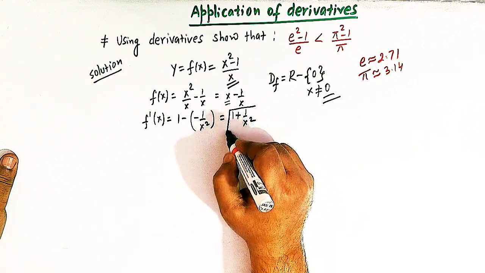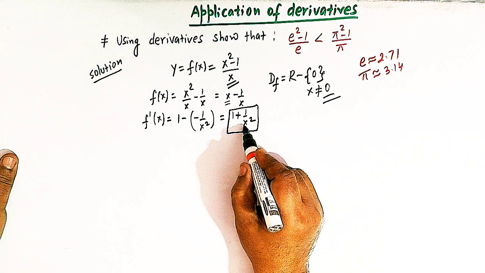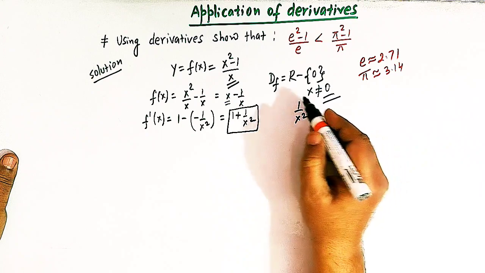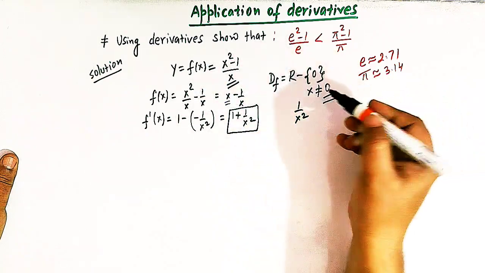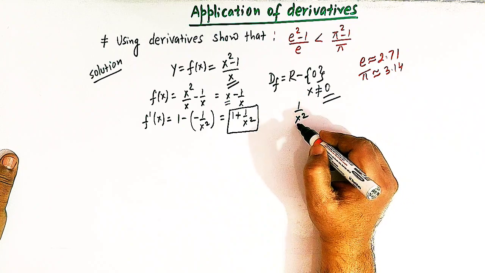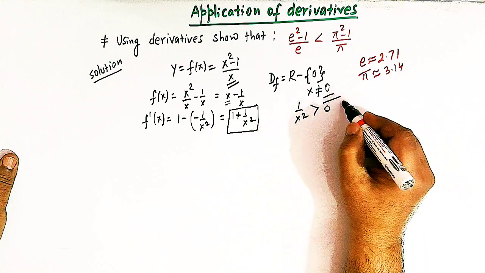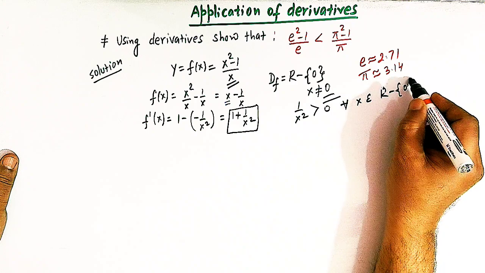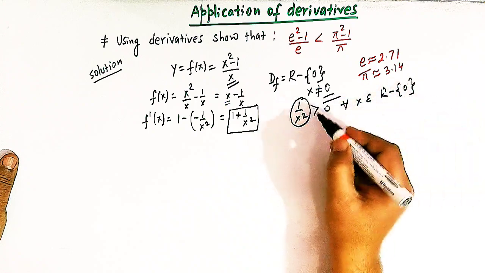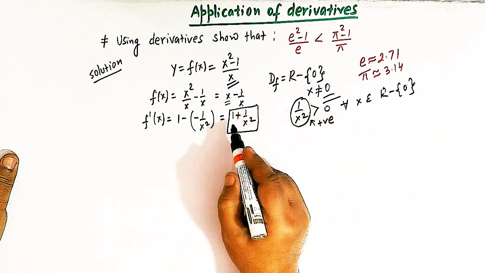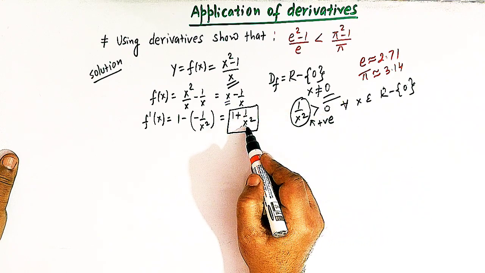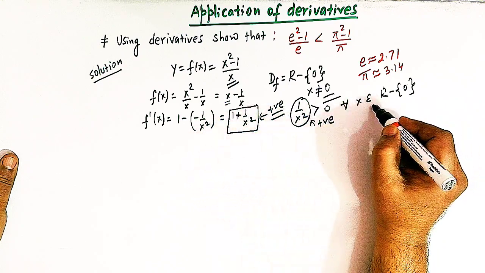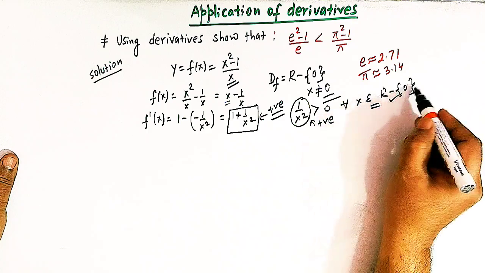Now we can see that in this expression we have 1, which is positive, and 1 over x square, because x takes all real values except 0. So 1 over x square is always greater than 0 for all x belonging to R minus 0. When we add 1 to 1 over x square, the entire term is positive for all x in this set.